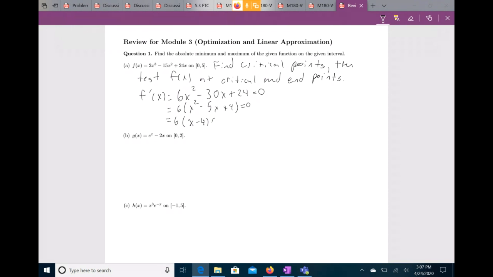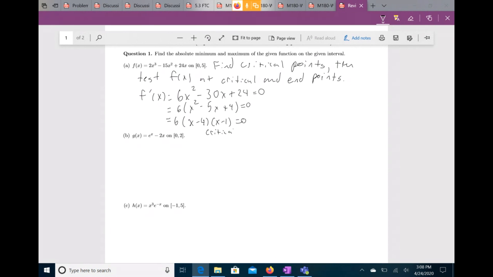So we end up with x minus 4 and x minus 1. So we have the critical points.